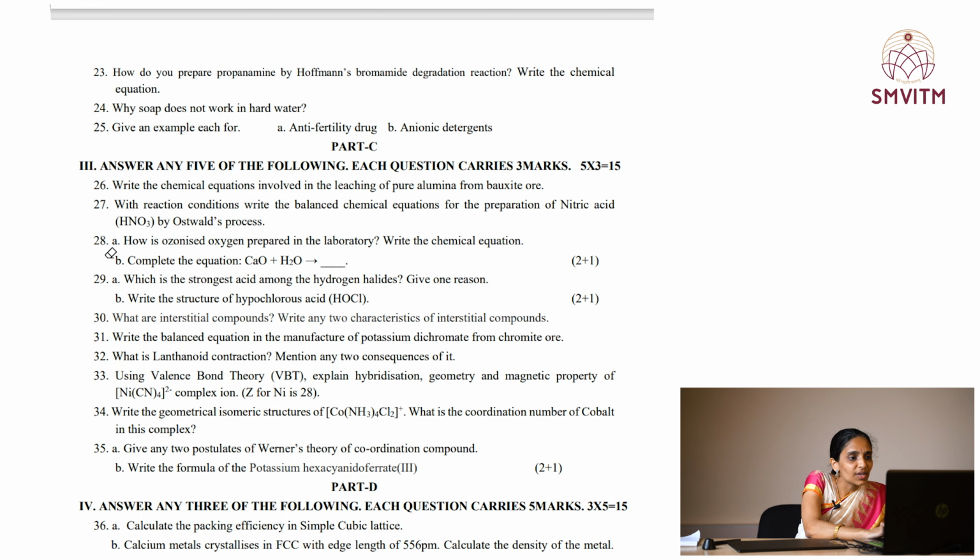Of course, question number 27 is reserved for group 15 of P block, 28 for group 16 and 29 for group 17. So, the 3 questions come from P block elements.